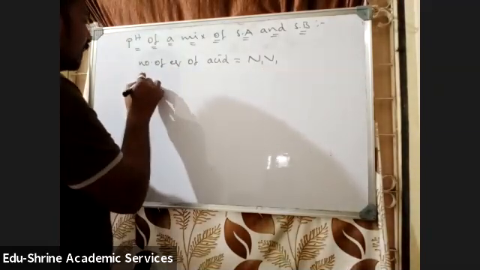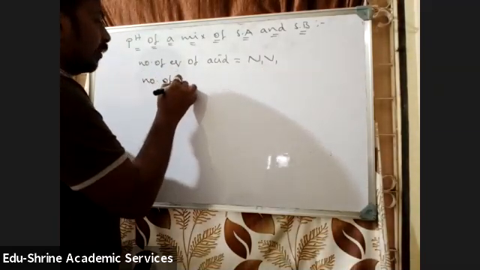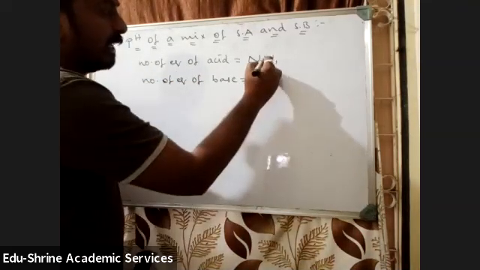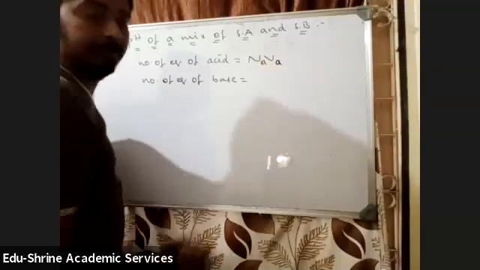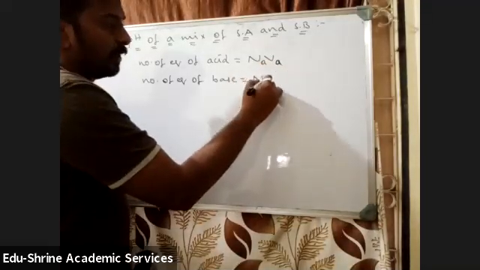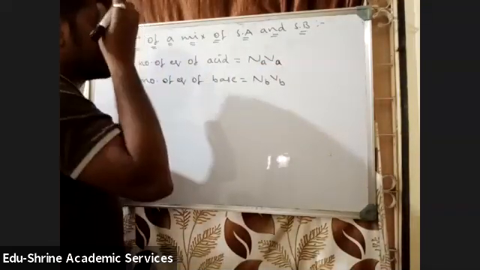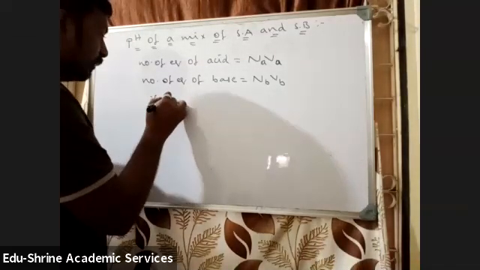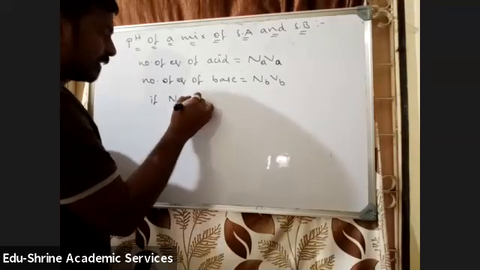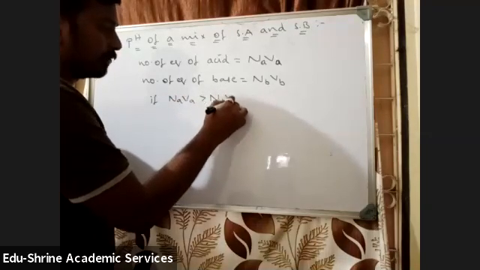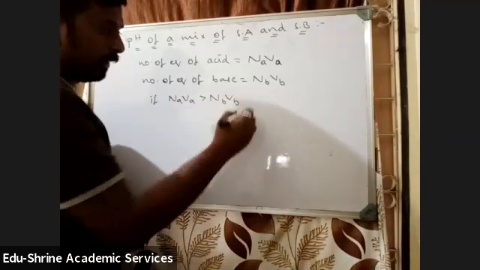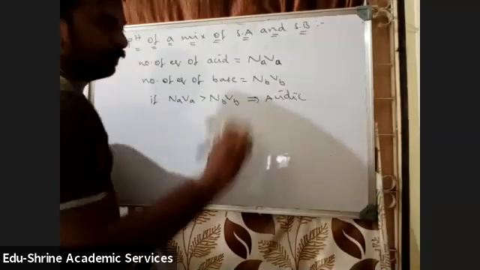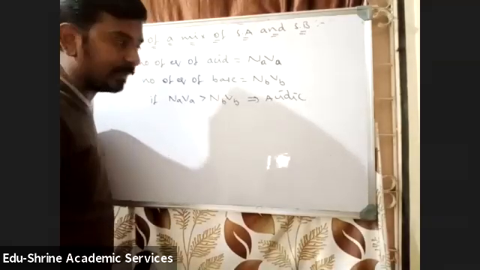Next, you will calculate the number of equivalents of base. Let this be NaVa, the number of equivalents of acid. In the same way, you will calculate the number of equivalents of base, NbVb. If the number of equivalents of acid is greater than the number of equivalents of base, then obviously the solution will be acidic.